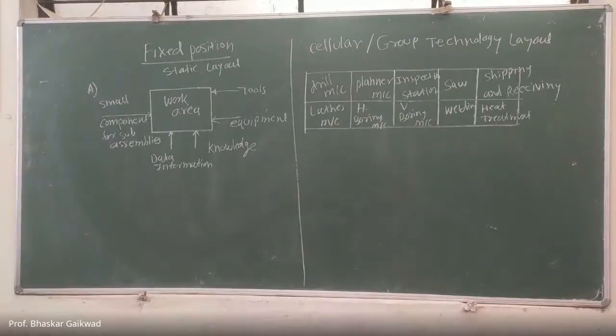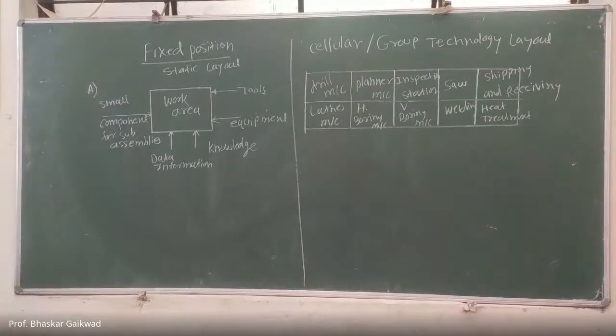Disadvantages of the process or functional layout: inefficient material handling, because jobs change each and every time. Here we cannot go for mechanization. Less economical floor space, high inventory investment is required, high initial cost of supervision, and skilled labor is required because one man can handle two or three machines.